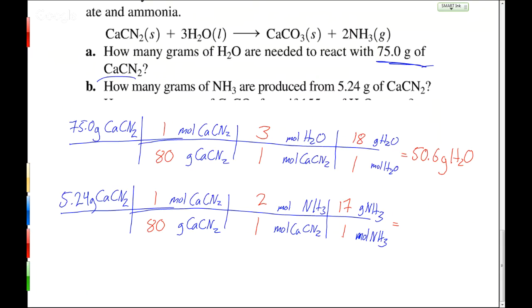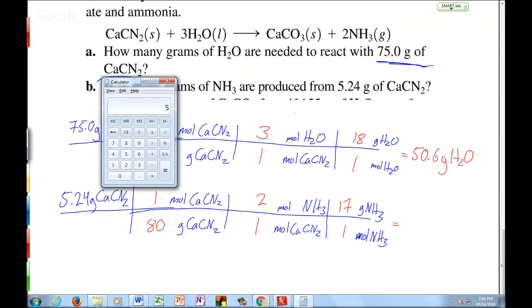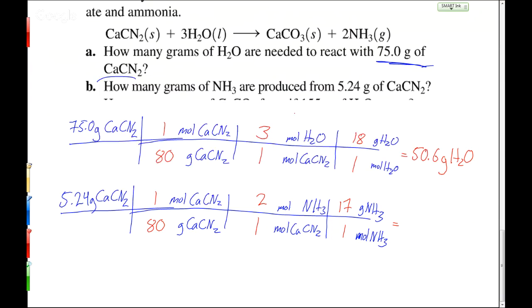So all I need to do here is change... We're still starting from CaCN2, so that part stays the same. This changes because we're being asked for something else now. We're being asked for NH3 instead of H2O. All right, so let's adjust that.